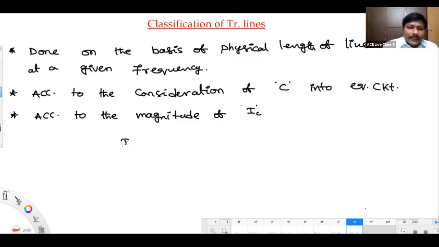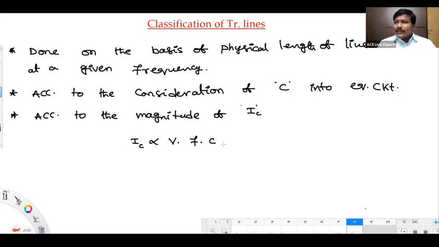You know, yesterday in class we discussed that IC is proportional to voltage into frequency into capacitance. Not only that, that C is the capacitance for the total length of the transmission line wire.